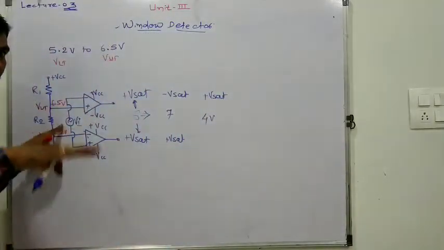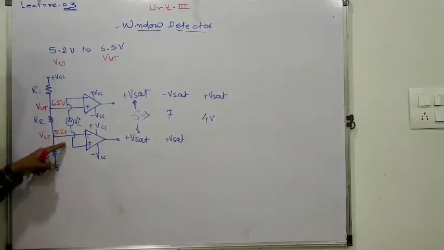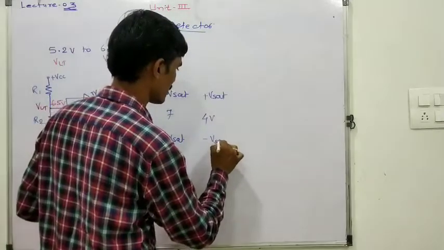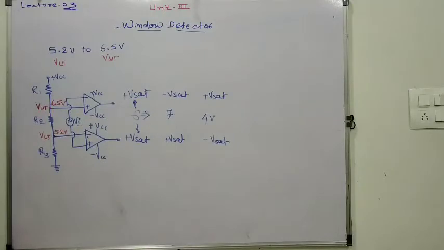Exactly opposite for the inverting amplifier: if the input voltage is less than the reference, we are getting plus Vsat, and if it is higher, then it is inverted, that means minus Vsat. Here it is less than the reference voltage, so obviously here also we are getting minus Vsat.